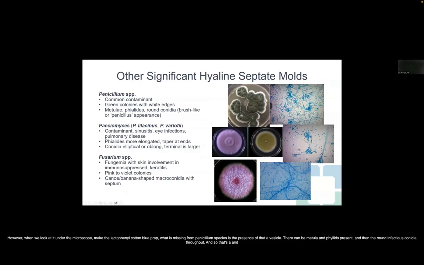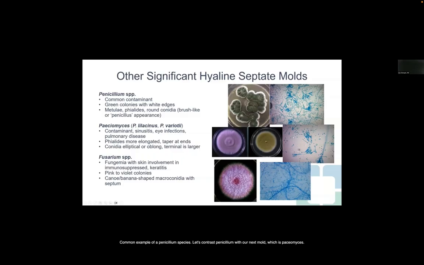However, when we look at it under the microscope, make the lactophenol blue prep, what is missing from Penicillium species is the presence of that vesicle. There can be metulae and phialides present, and then the round infectious conidia throughout. And so that's a common example of a Penicillium species.